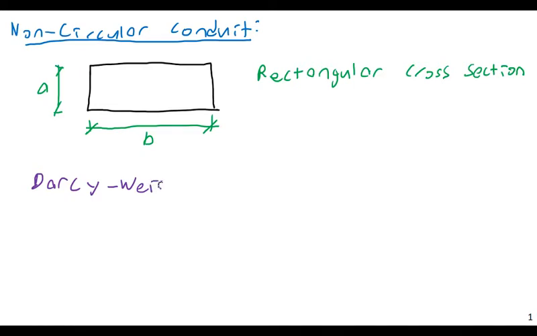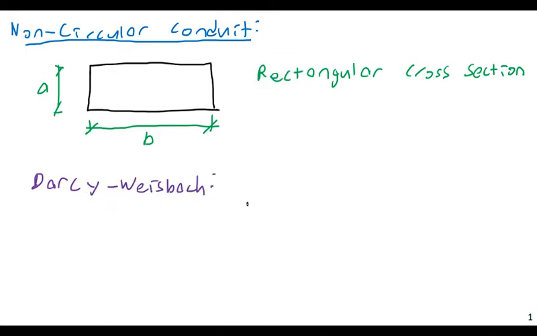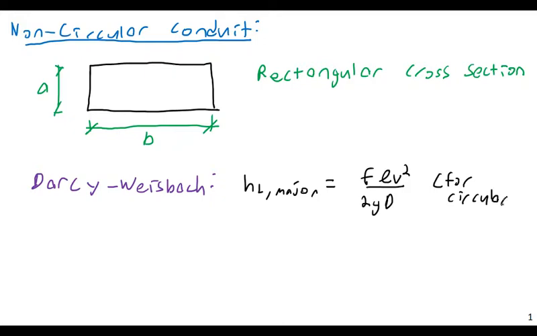The Darcy-Weisbach equation, or Weisbach if you prefer the German, would be head loss major equals f L V squared divided by 2 g D. However, this equation has been developed for circular pipes.